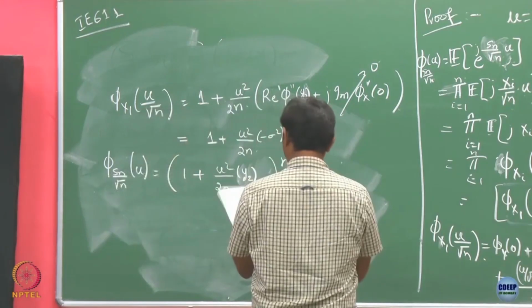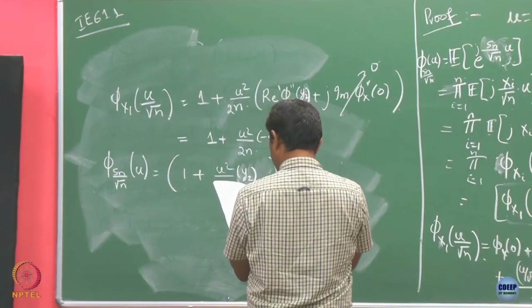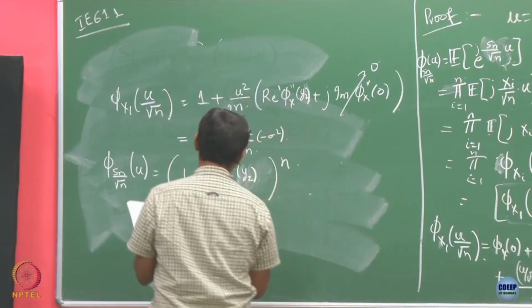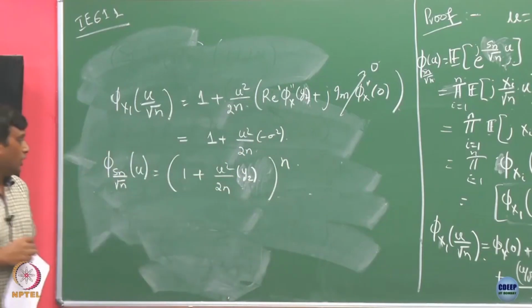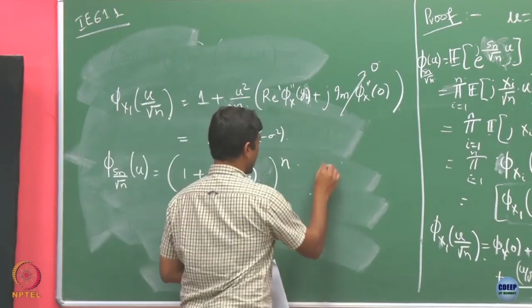I want this to be exactly this. Okay, this is fine. And where is this y2 going to be?